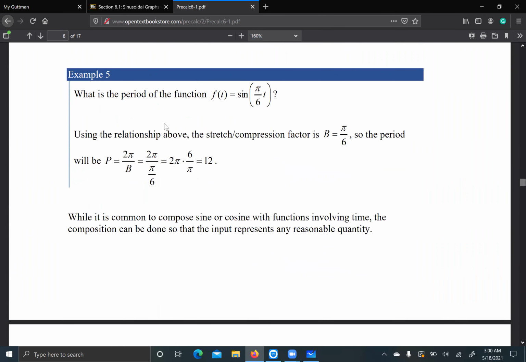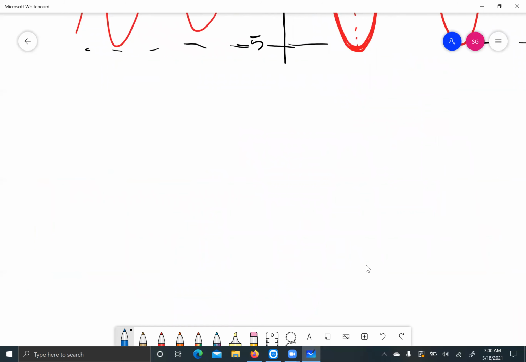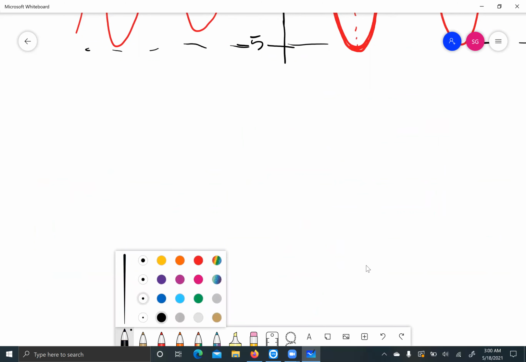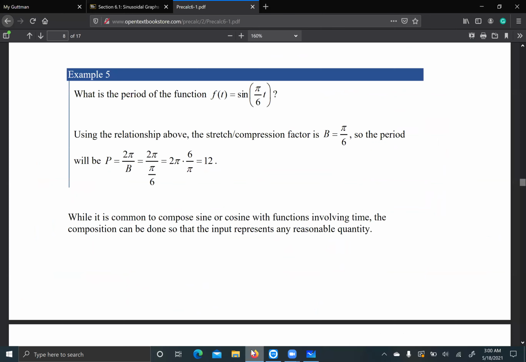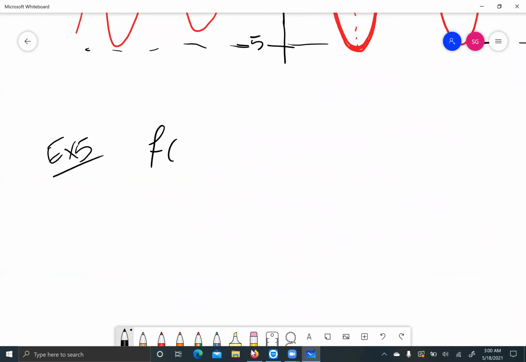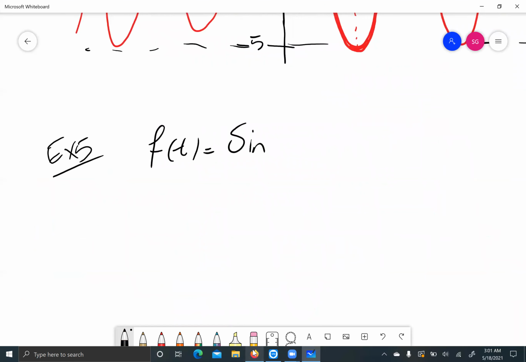For example, what is the period of this function? This is example 5. The function is f of t equals sine of pi over 6 times t.